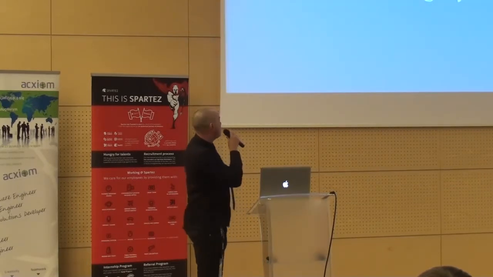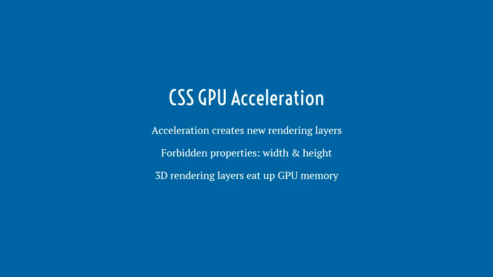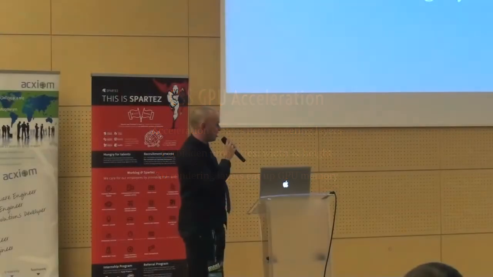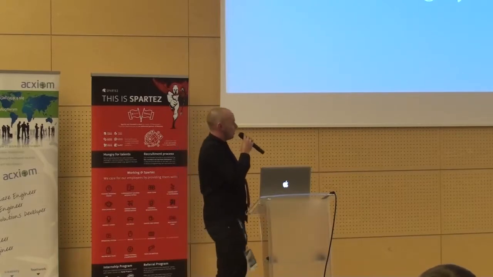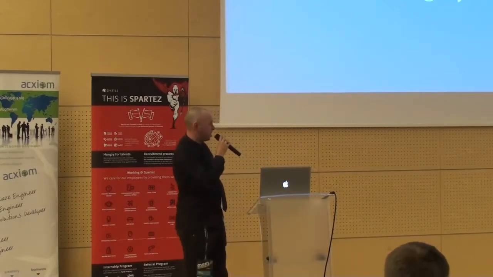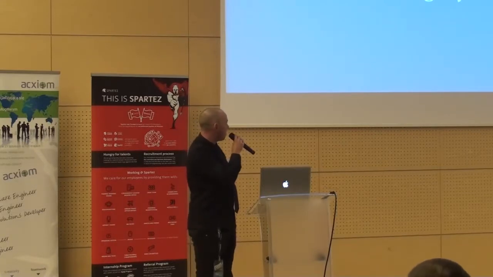Okay, so we have CSS GPU acceleration. It can work smoothly, but the acceleration creates new rendering layers, which the GPU has to handle. Never try to animate the width and height. It will always be slow and will probably crash the app.